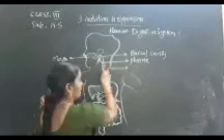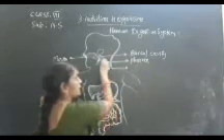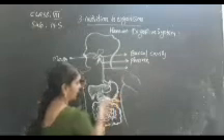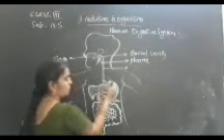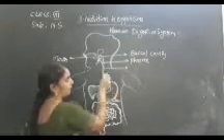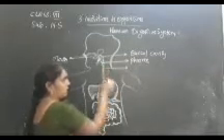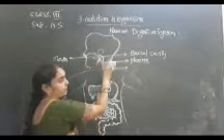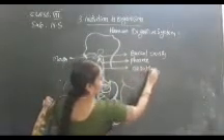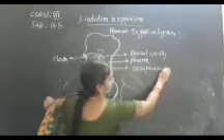Below the pharynx, the tube-like structure connects the pharynx and the stomach. This is the bulged part. This is called the stomach. This is the stomach, children. And the tube-like structure which connects the pharynx and the stomach is called the esophagus, or it is also called the food pipe.